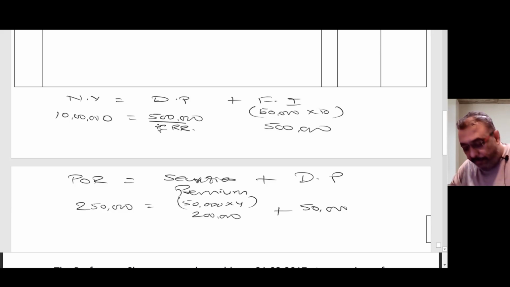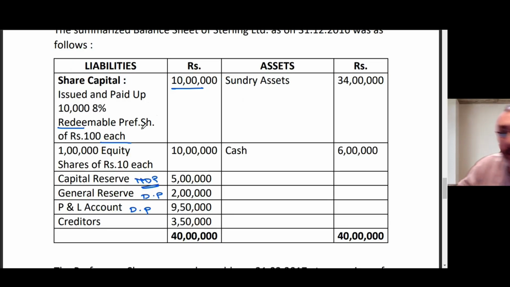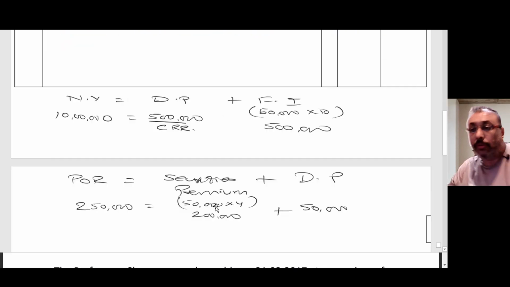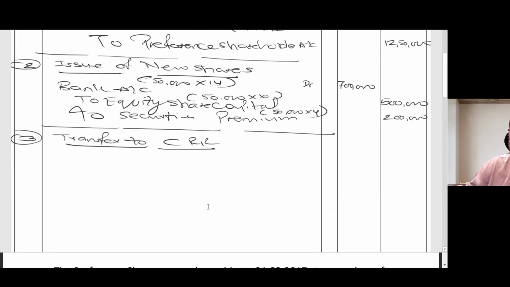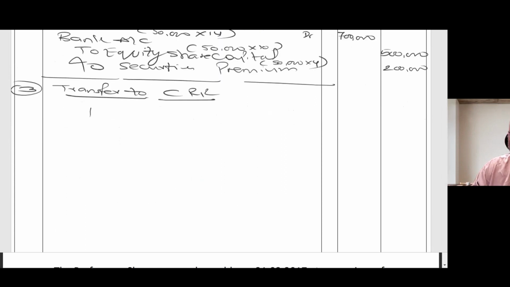Now, which DP we are going to use? Check it out over there. We have around 9,50,000. 9.5 lakh रुपए सिर्फ profit and loss account में पड़ा हुआ है. So we'll use that account only and complete our task. So the entry should be profit and loss account debit to CRR.